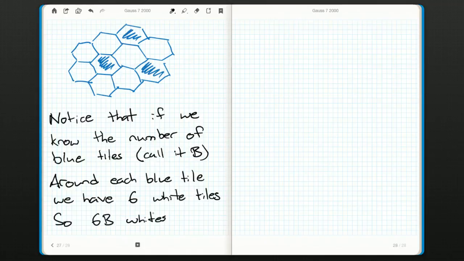So if we're just counting the white tiles based on the blue tiles, we would get 6 times B of them.